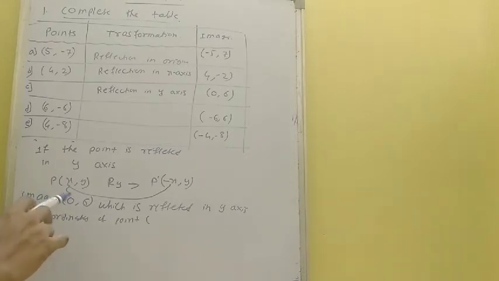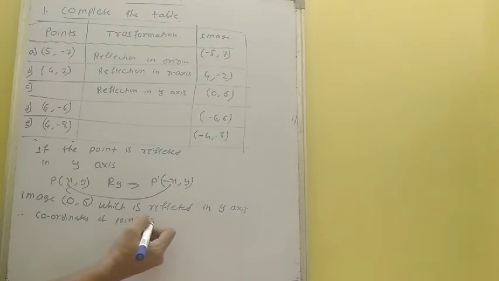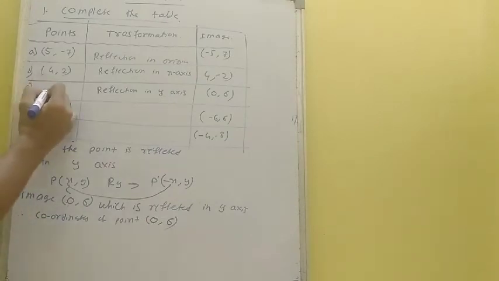Actually the sign of x gets changed, but x doesn't have any value. It is not a proper coordinate, it is 0. It is neither minus nor positive 1 or any number. So 0 remains as it is and as 6 does not change, 6 is also as it is. So the reflection in y-axis will have the same point 0, 6.